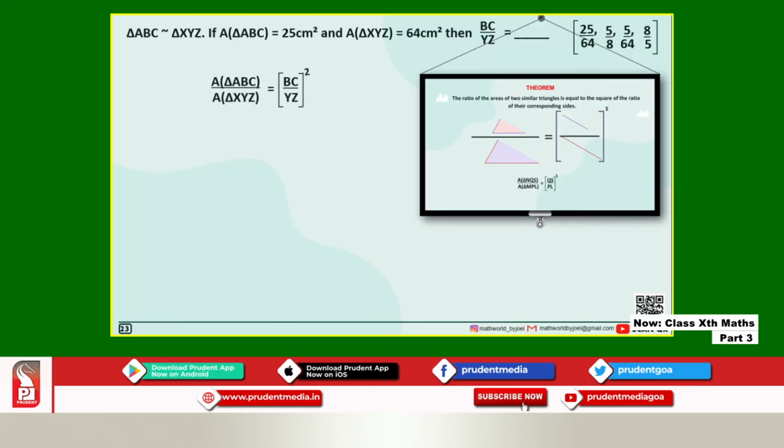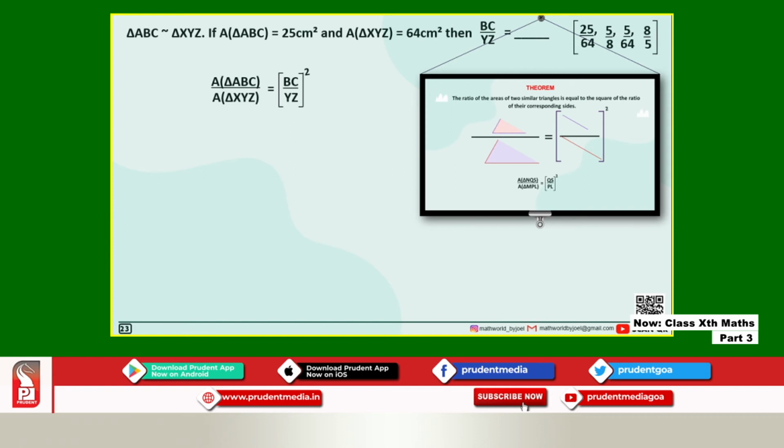This is normally what we can understand from the proof. The area of triangle ABC upon the area of triangle XYZ is equal to the square of the corresponding sides. So I have taken BC upon YZ the whole square.